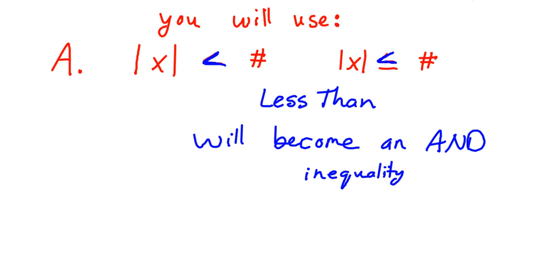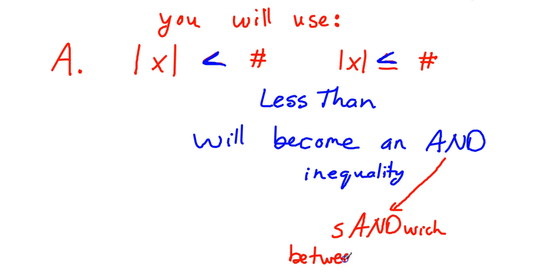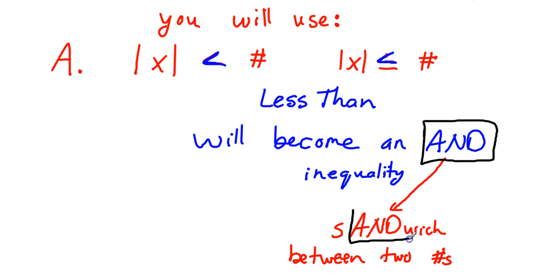Okay, and when you have an and statement, you're going to sandwich it between two numbers. And those two numbers are going to be the positive number and the negative number, like we were doing last time. So if you have a less than, that's an and statement. And if you have an and statement, you're going to sandwich that inequality in between two numbers.